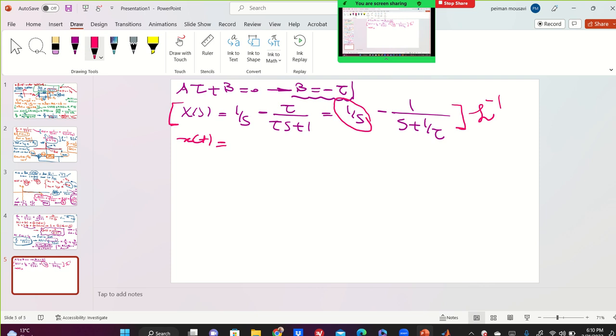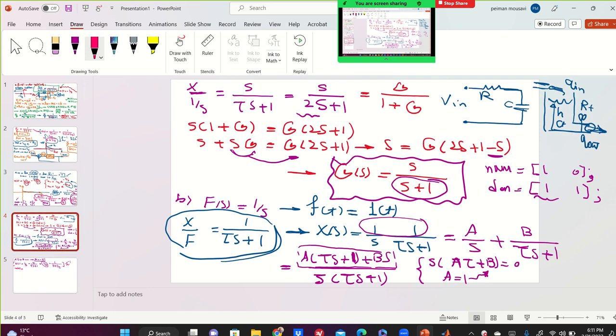Which function has 1 over s as its Laplace transform?